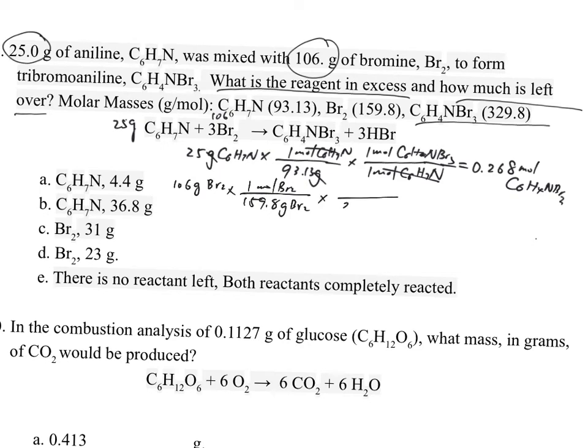Each 3 moles of Br2 produces 1 mole of C6H4NBr3. Moles cancel, grams cancel, give me moles. So 106 divided by 159.8, times, divide by 3 again.